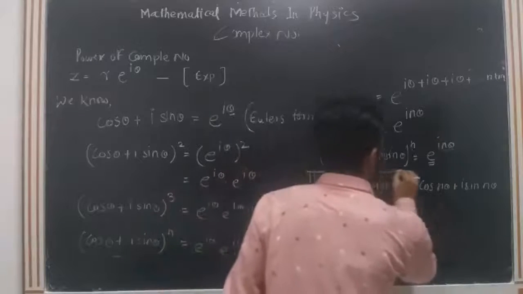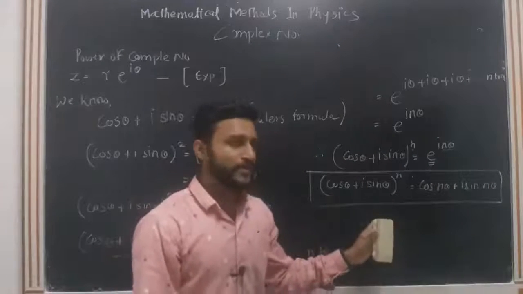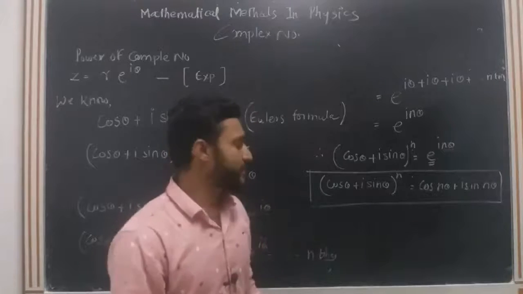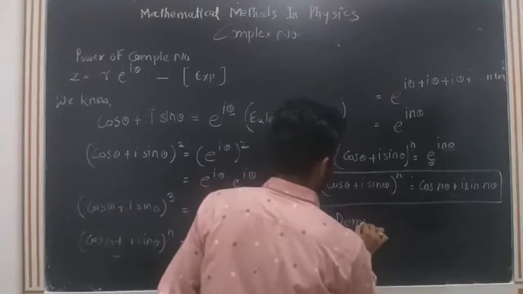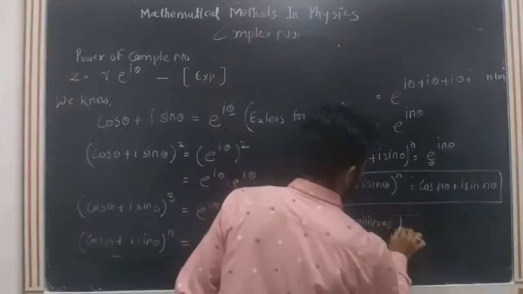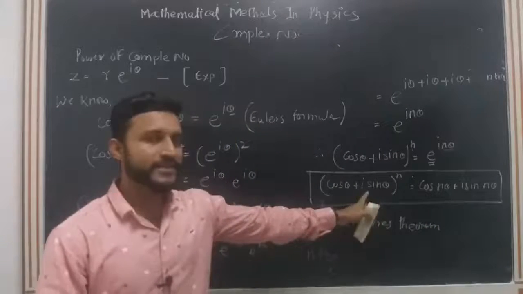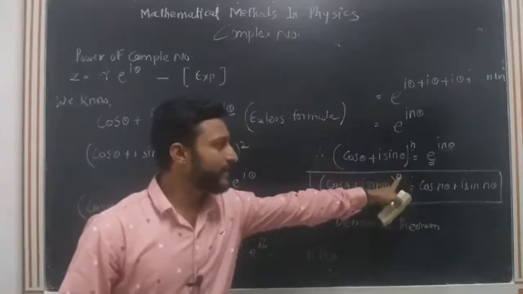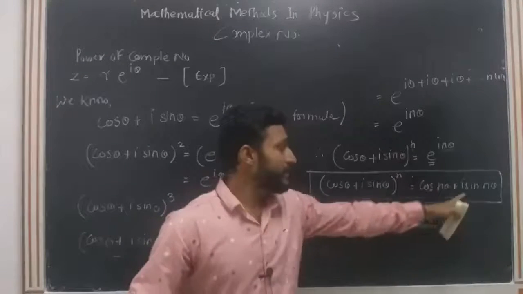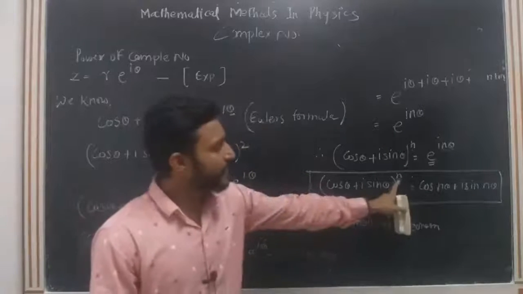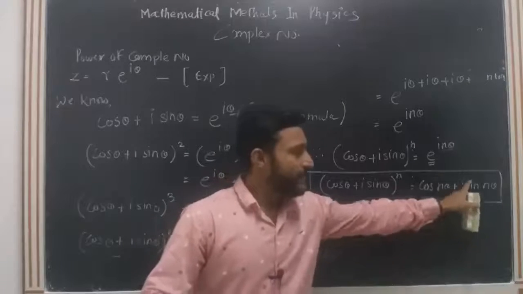This statement is very useful to find the power of a complex number, and this theorem is known as De Moivre's theorem. Very important it is. Whatever the power n, we can rewrite cos n theta plus i sin n theta.